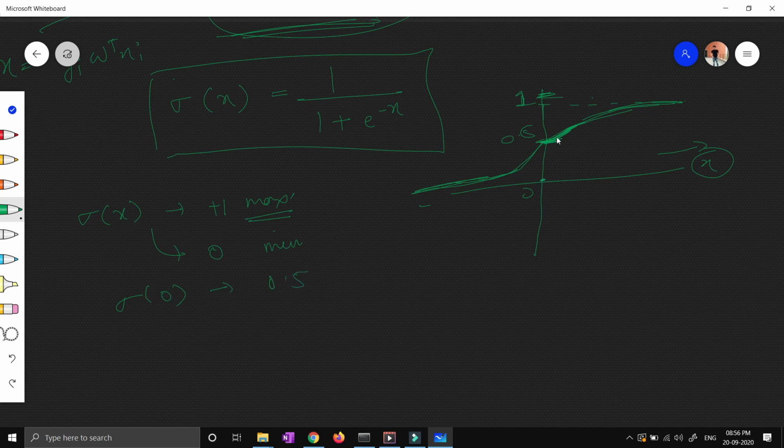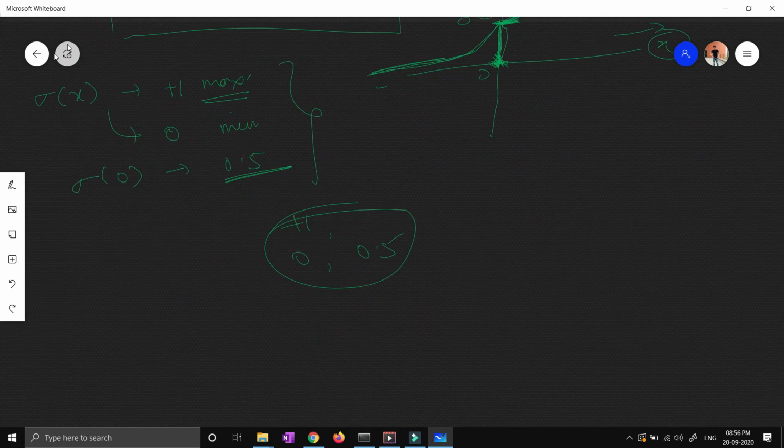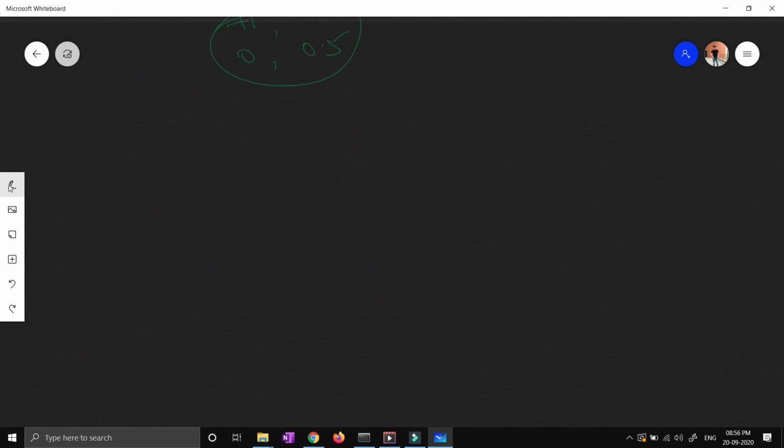If my data point is over here, I'll say that this value is 0.5. So the maximum value is +1, the minimum value is 0, and if my point is on the plane, sigma 0 is 0.5. Now you can see that we have squashed the values.